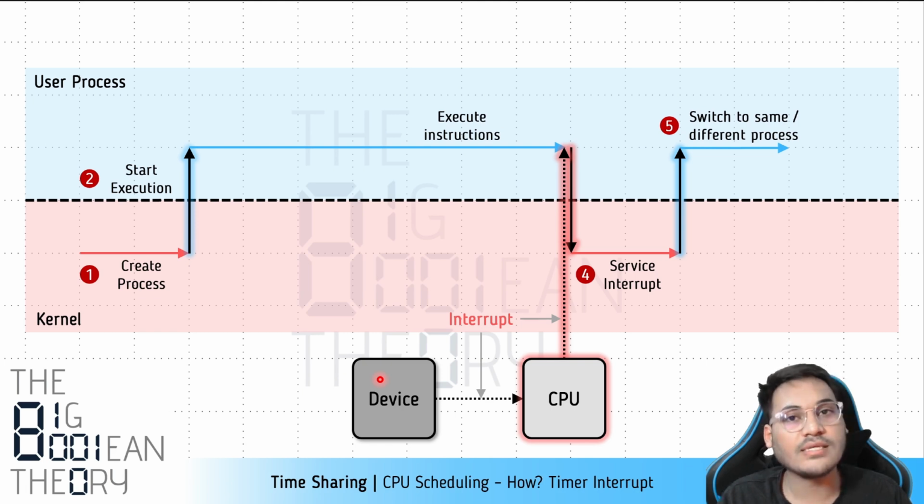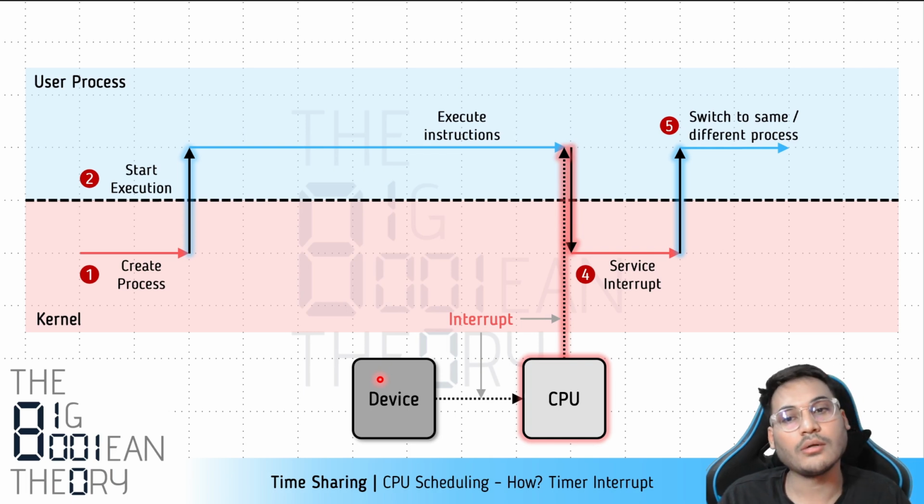For example, when we press buttons on the keyboard or the mouse, that is new input that needs to be processed. Whenever the user gives new input, these input devices raise an interrupt so that the operating system can come and process that data. So these are different examples of interrupts.